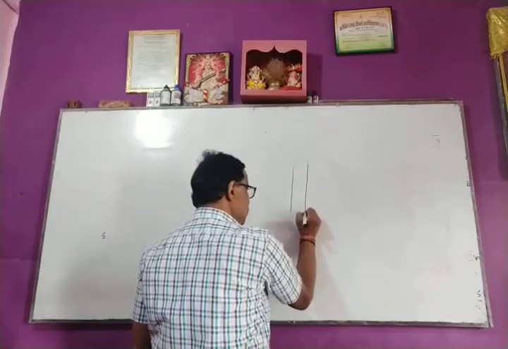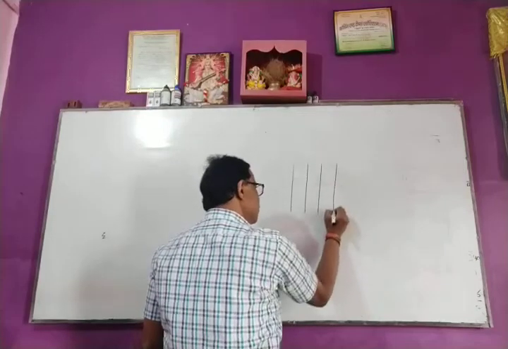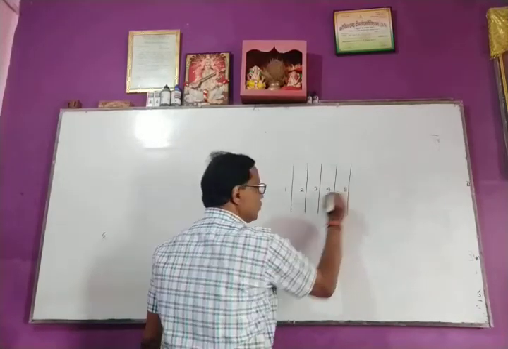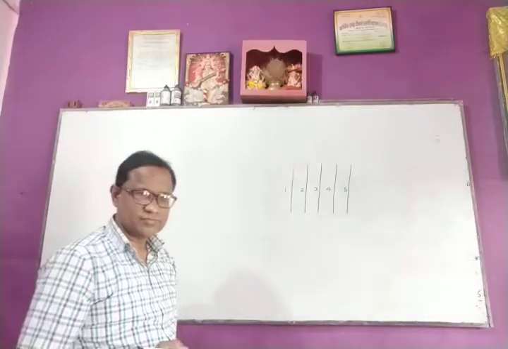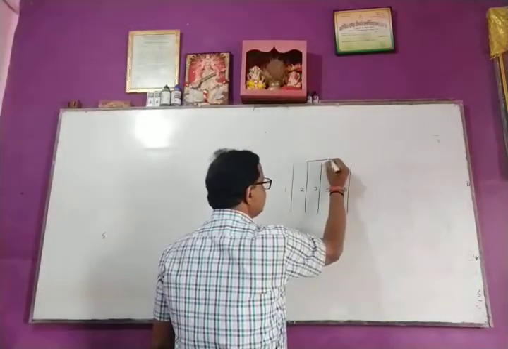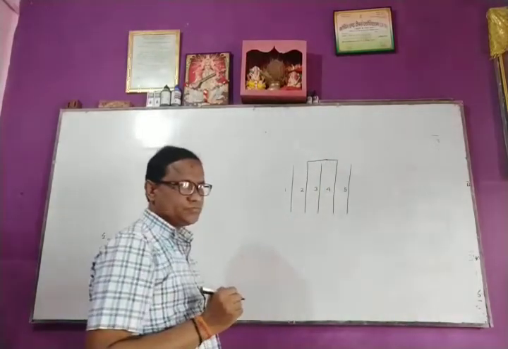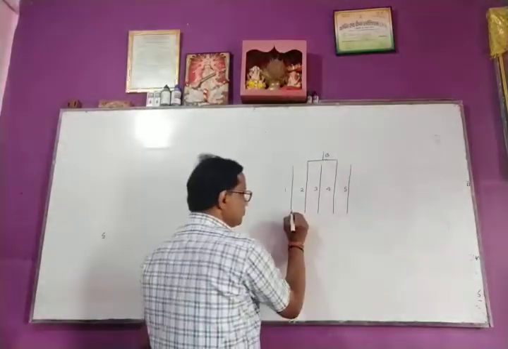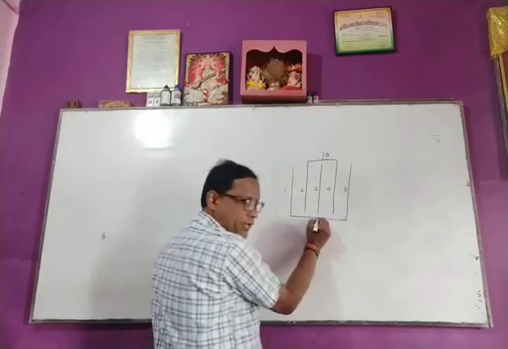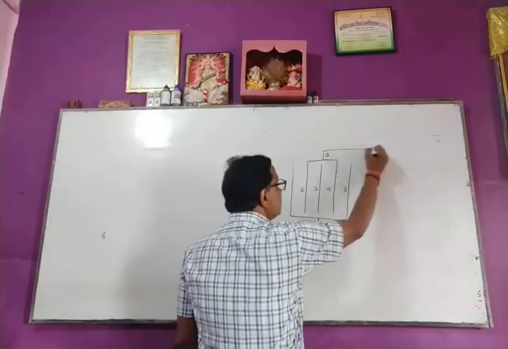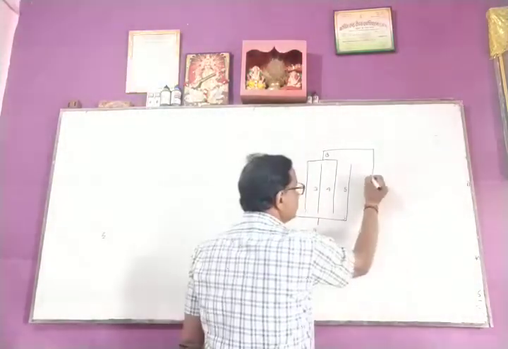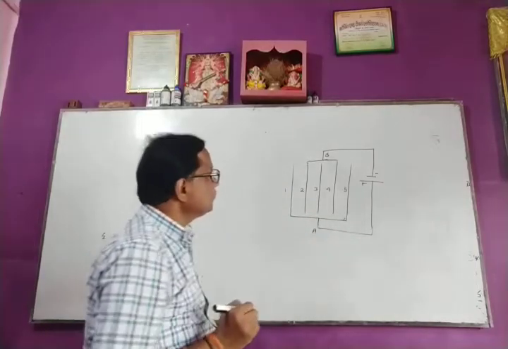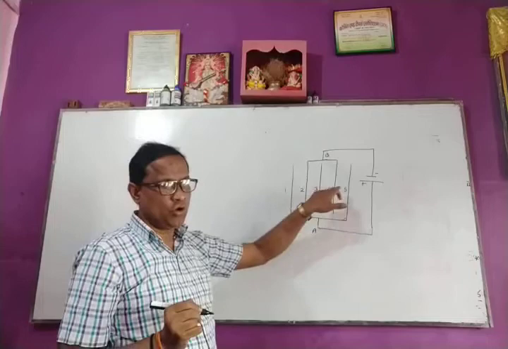This point is B. This point A is connected to 1, 2, 3, 4 and 5.